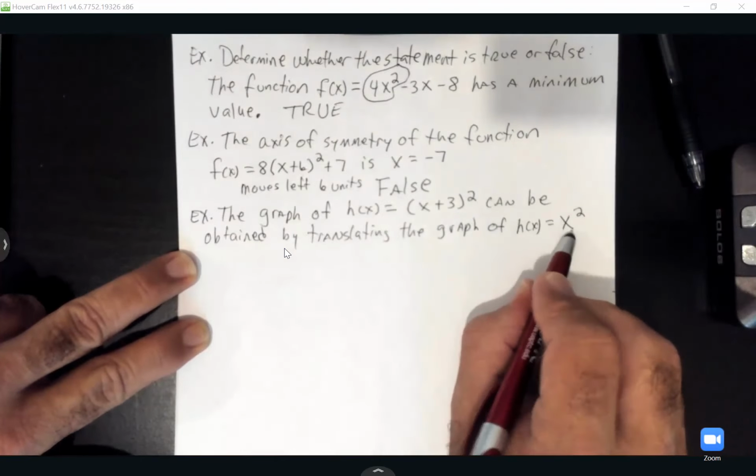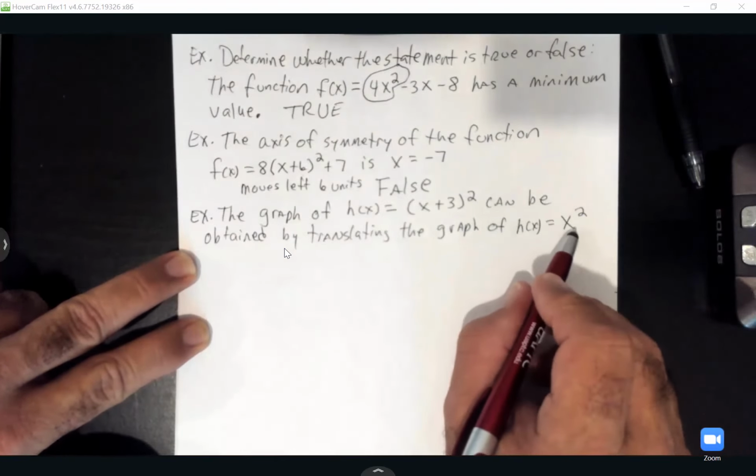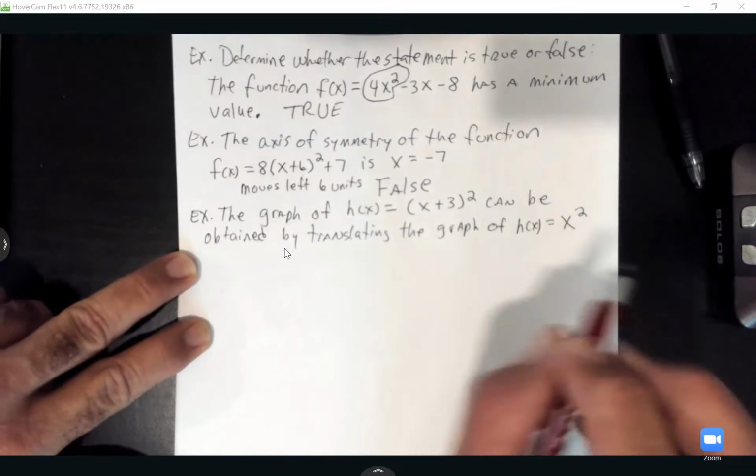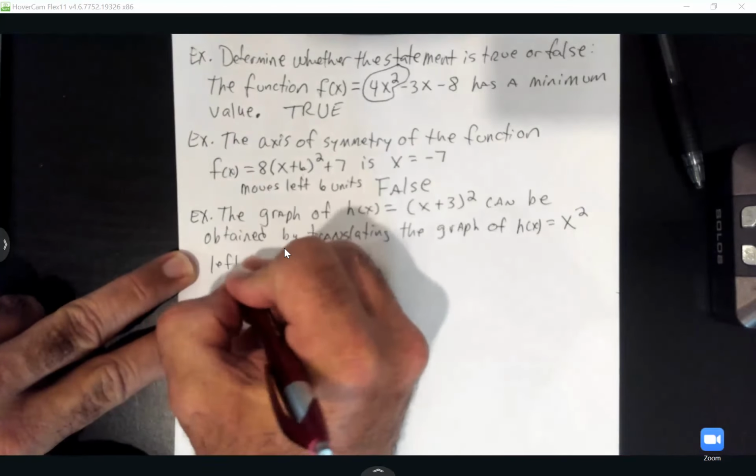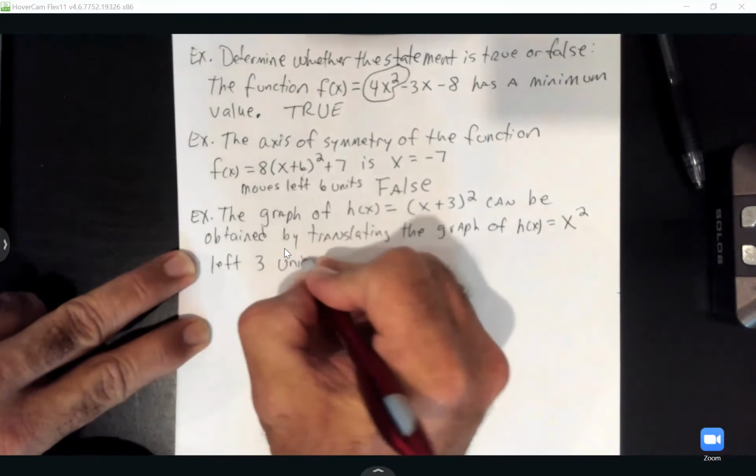So remember, x squared is the basic graph. So can I obtain that by moving the x squared graph left 3 units?